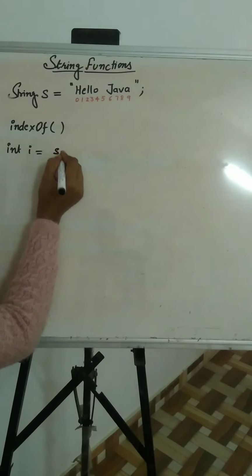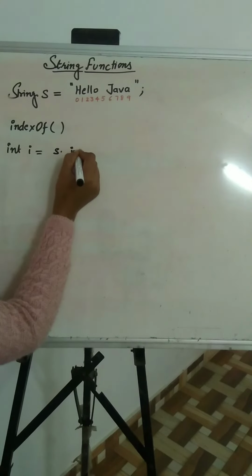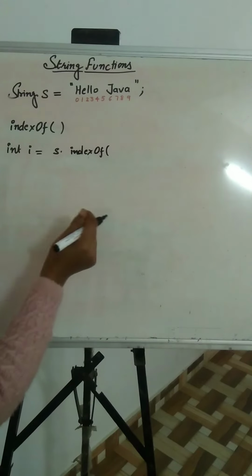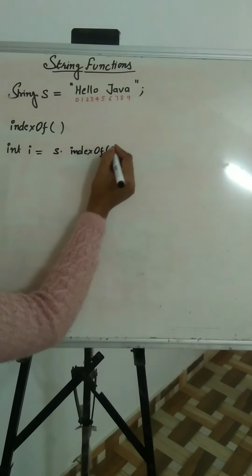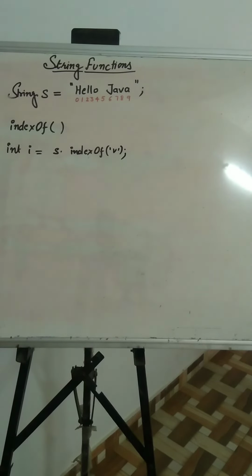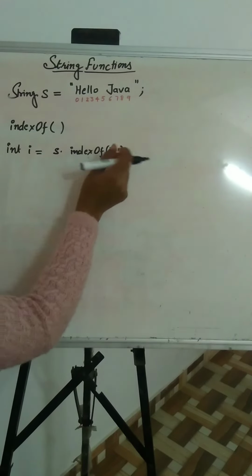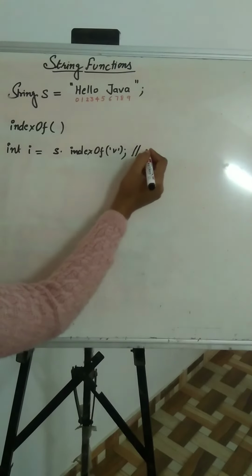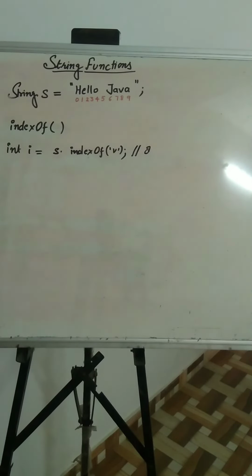So here we write s dot indexOf, and the character whose index we have to find is v. So we have to write it within single quotes. When we write this syntax, the index position of v is 8. So it will return 8, and the variable i stores 8.